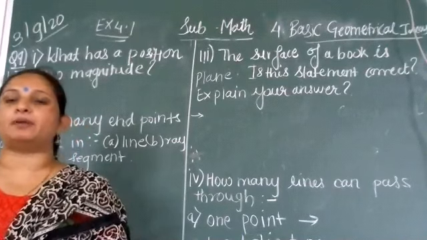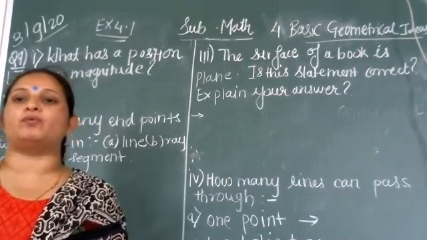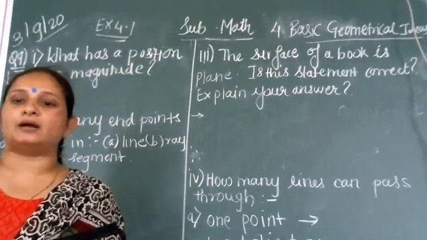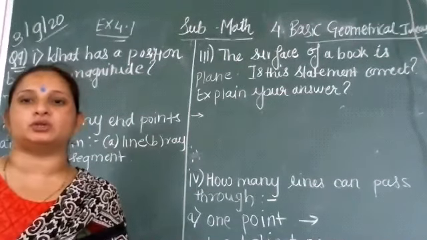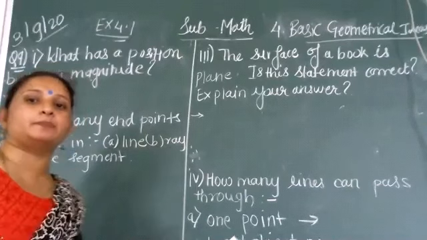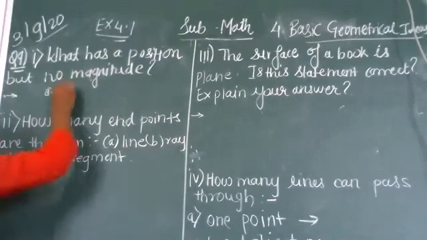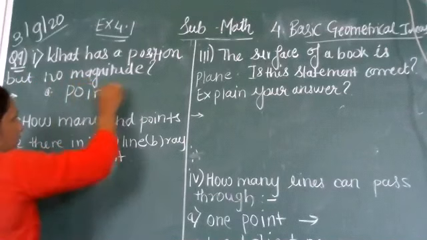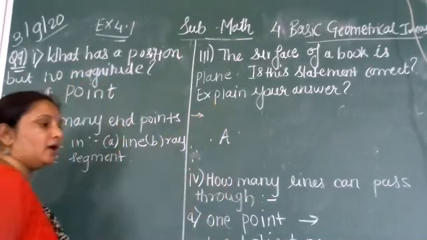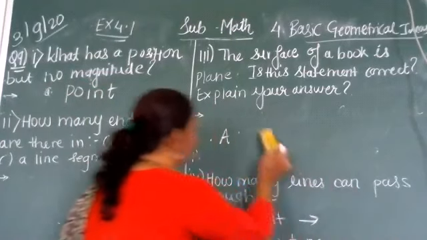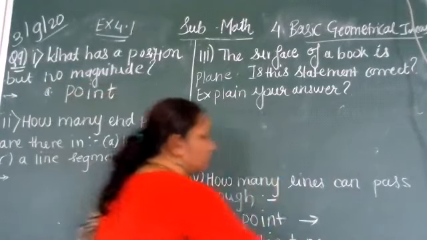Let me explain which thing can be marked but cannot be measured. Yes, that is nothing but a point. So my answer would be a point, because I can show it by marking it as point A, but I cannot measure it. That is its magnitude.